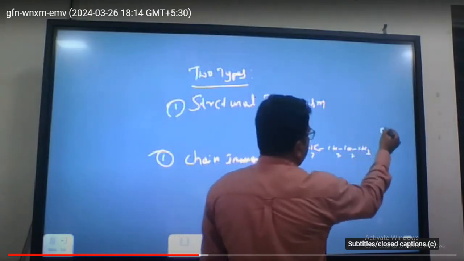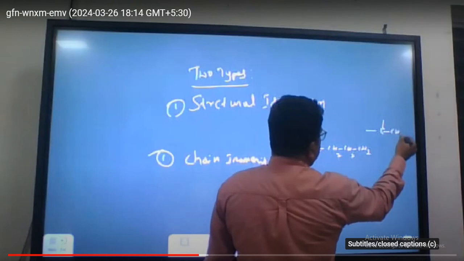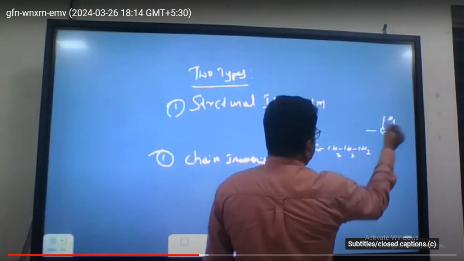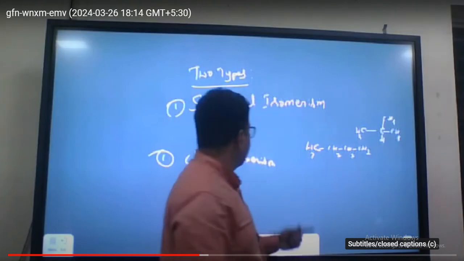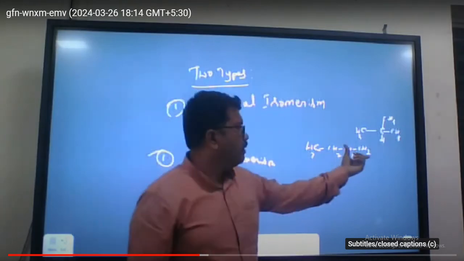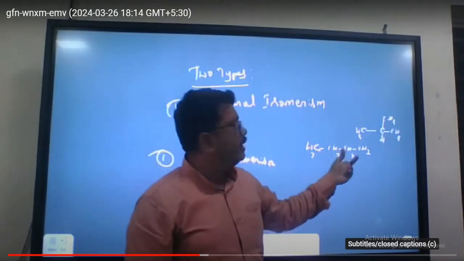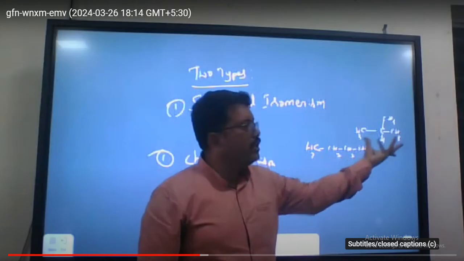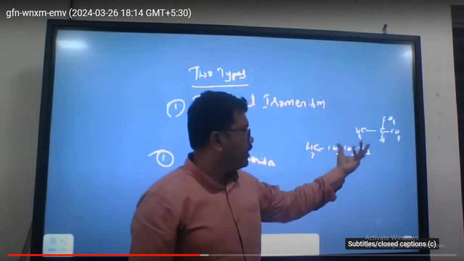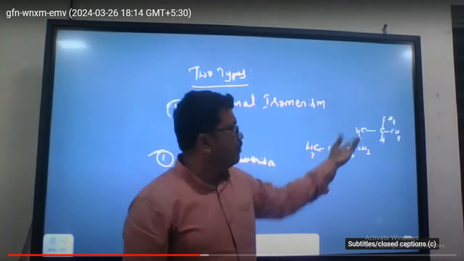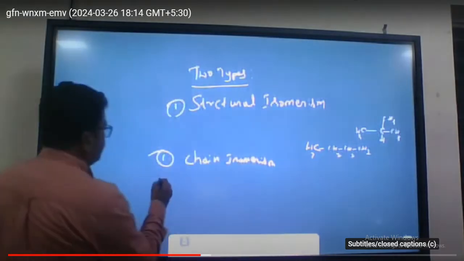You can write this one like this: CH3, CH, CH3, CH3. This is a linear chain. This is a branched chain. The chain has a difference, but the same chemical formula. Yes, you can count hydrogen and carbon, they are the same, but the chain is different.